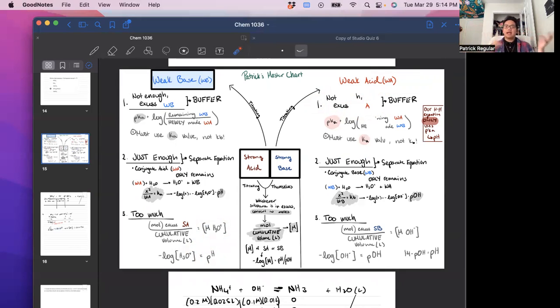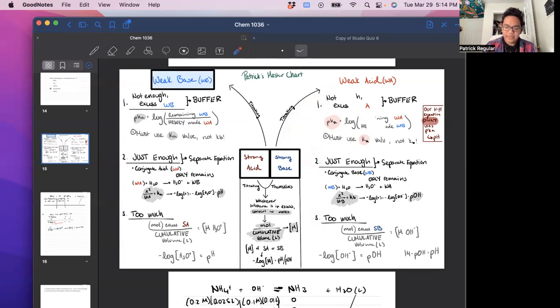Now let's look at the conjugate side of that. So now you have a strong base like KOH, Ca(OH)2, NaOH, titrating a weak acid like HF. Amines. You'll see strong bases titrating weak acids, and you'll see the exact same situations.